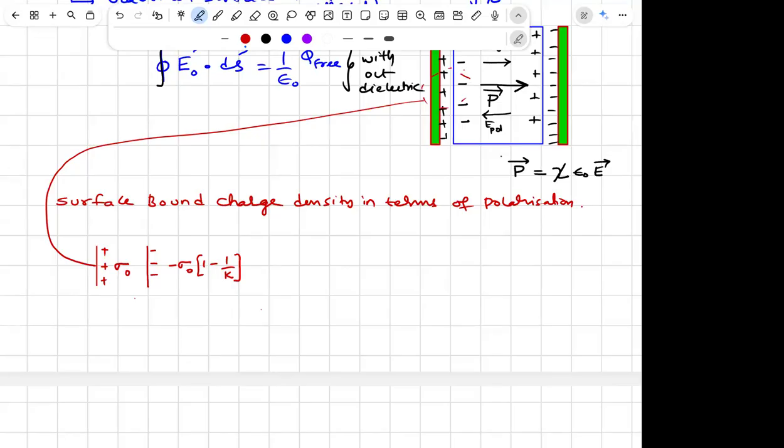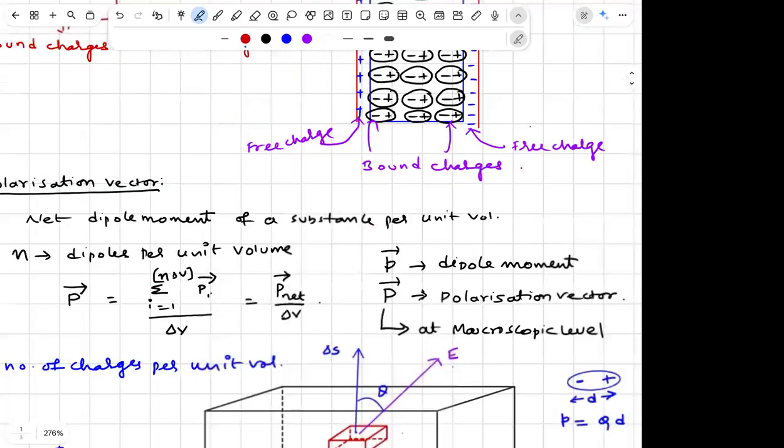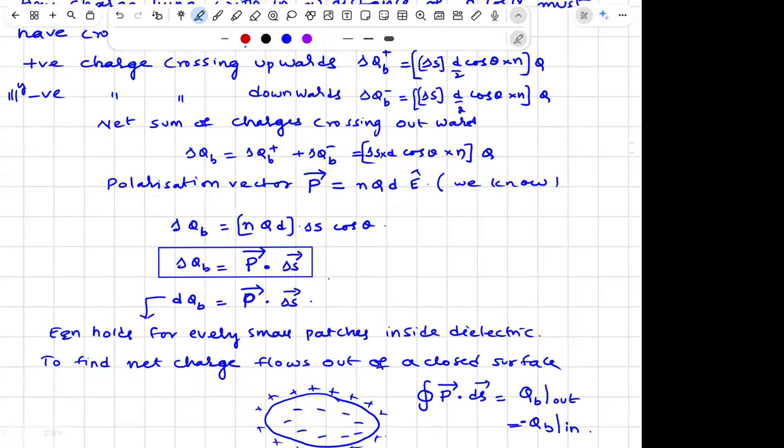Okay? Any confusion in both? But just now we have derived here something. dQb is P bar dot dS bar.